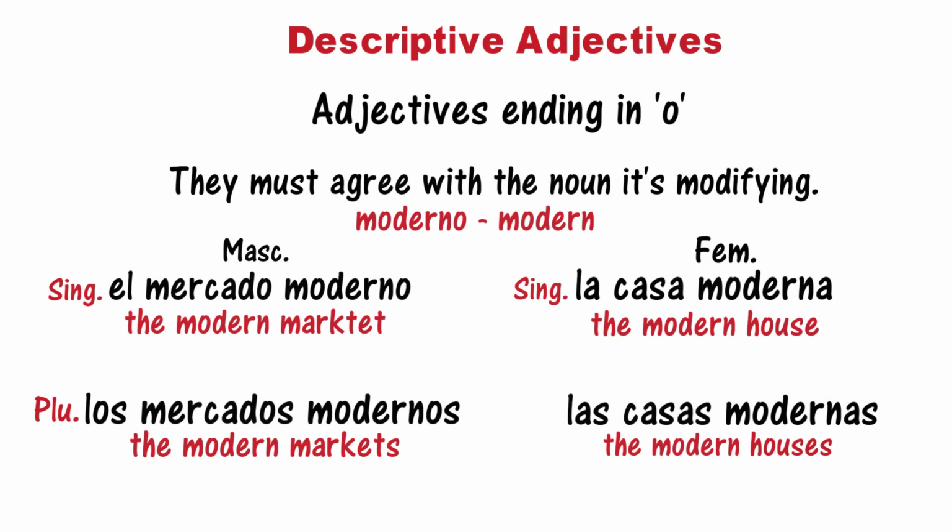The same applies to la casa. It changes to plural, so the adjective too changes to plural: las casas modernas. So that is how adjectives work. The adjective must agree with the noun. If the noun is plural, the adjective will be plural. If the noun is feminine, the adjective must be feminine. So it has to agree with the noun.